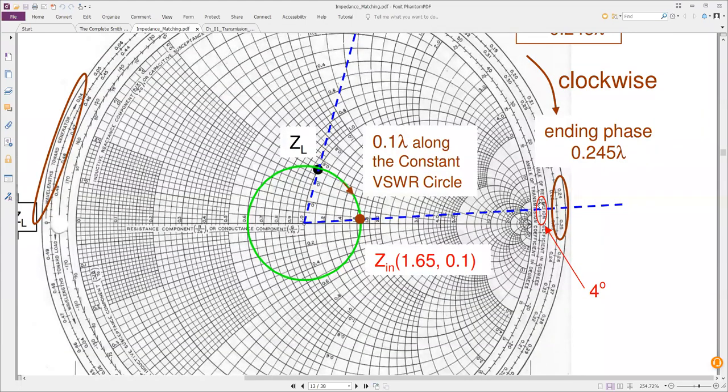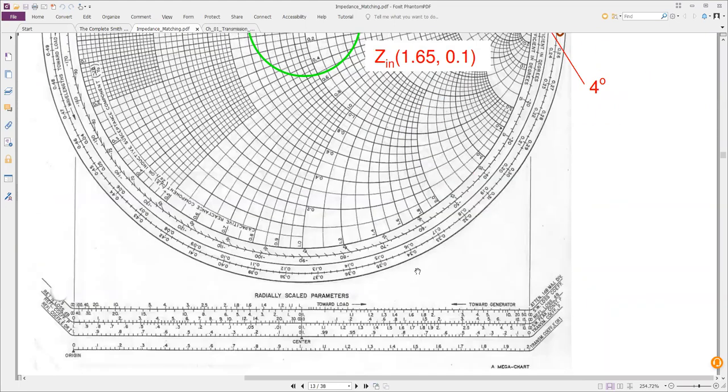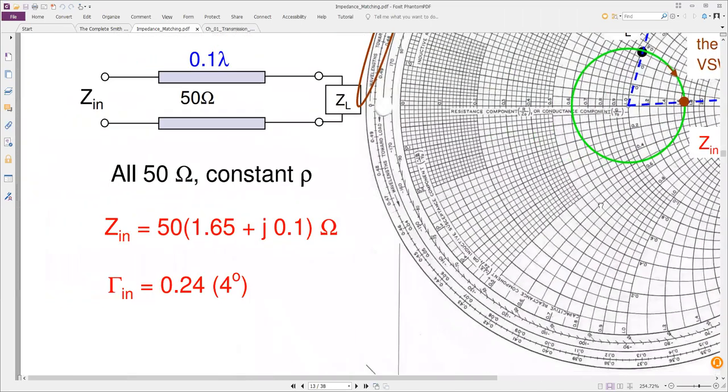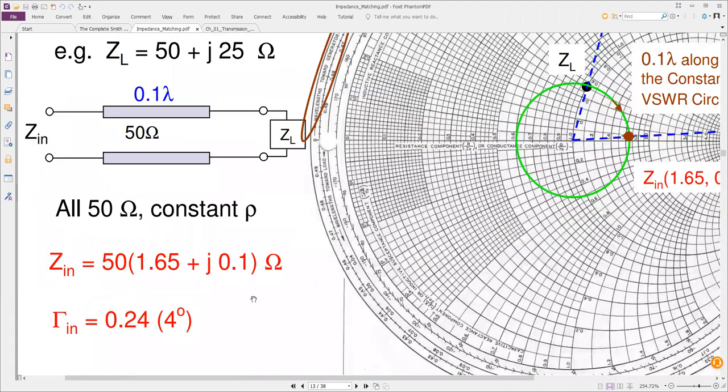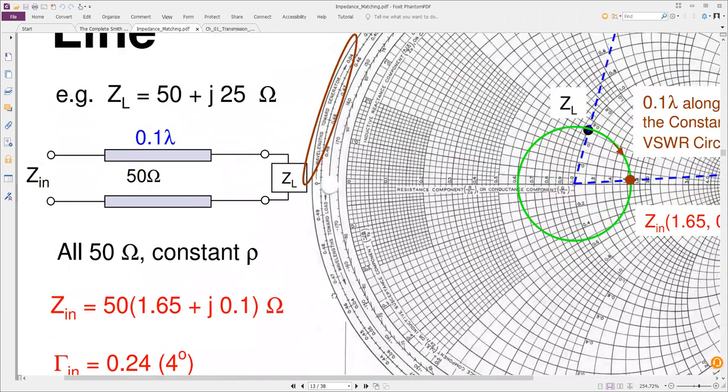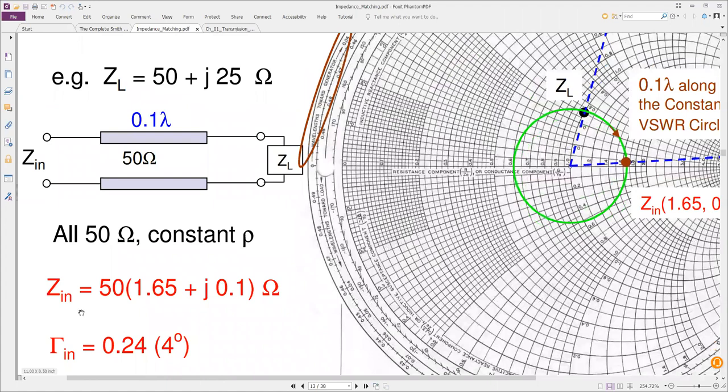Okay, and here is the angle of the reflection coefficient, the angle of the transmission coefficient. Let's see. The reflection coefficient at the input differs in the angle.